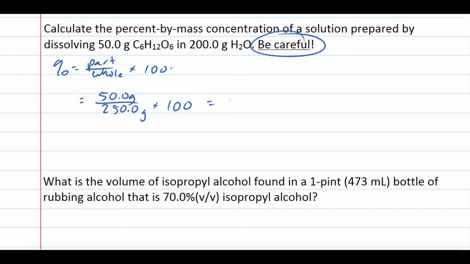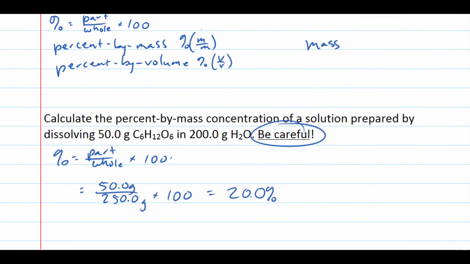And then we wind up with an answer of 20.0% with significant figures. And the labels here, if it's a percentage by mass, which this one is, we label it with a percent M over M.